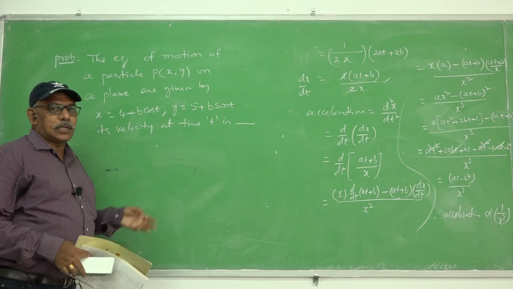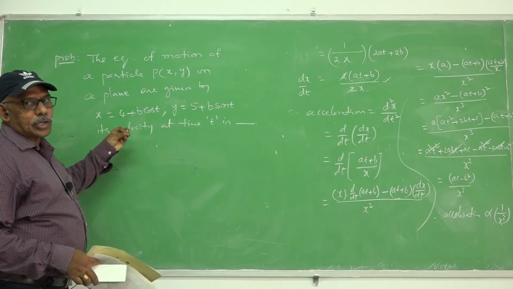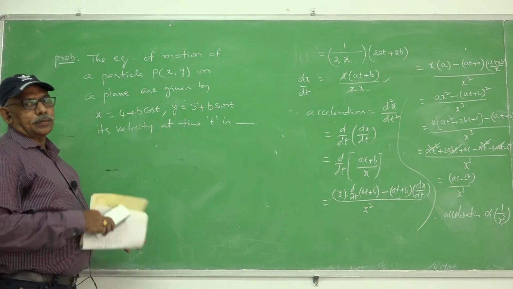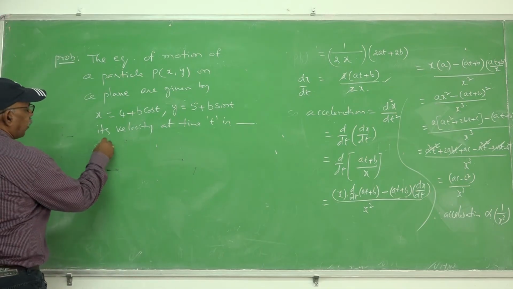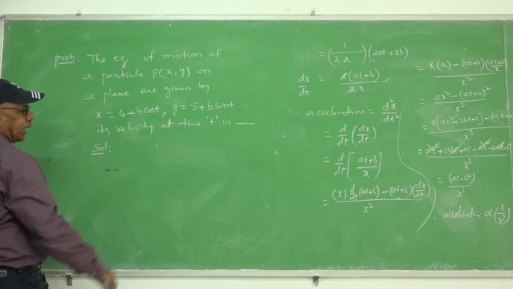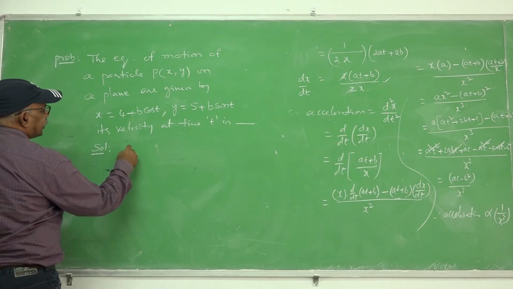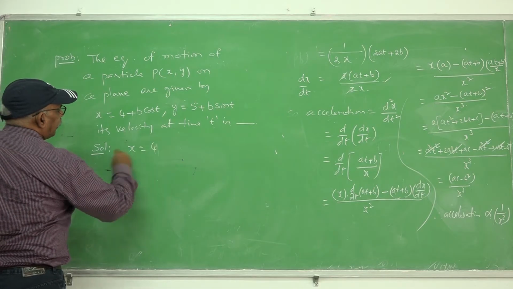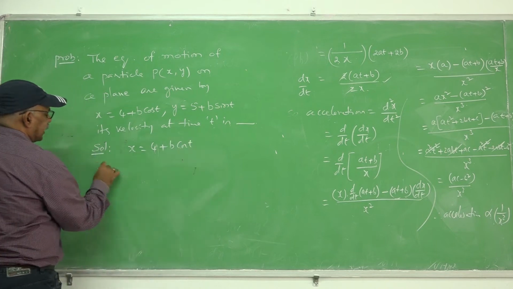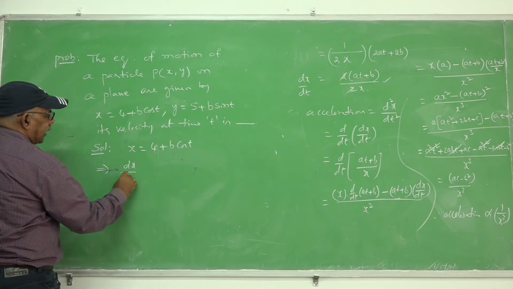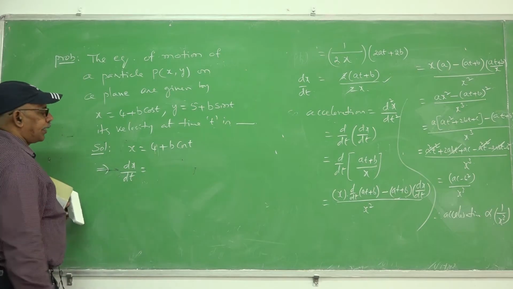Once the curve is given in its parametric form, we have to find the velocity of the particle which is moving on the curve. For that, we find dx by dt, the rate of change in x coordinate.